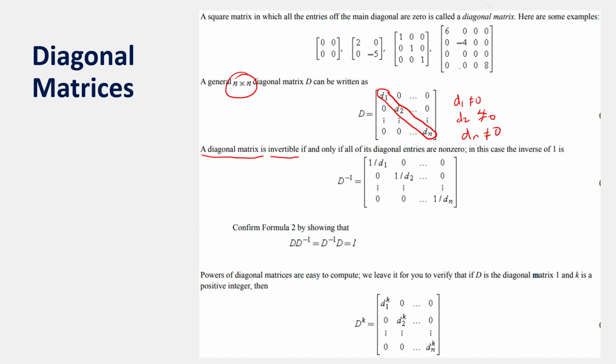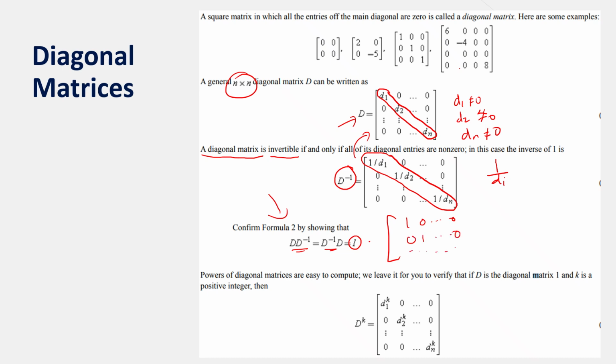Then the inverse of this D matrix is the same kind of matrix, but the values of its main diagonal will be 1 per the entry of the previous one, 1 per di. You can confirm the formula by multiplying this with this, and you will get the identity matrix, with 1s on the diagonal and 0 elsewhere.